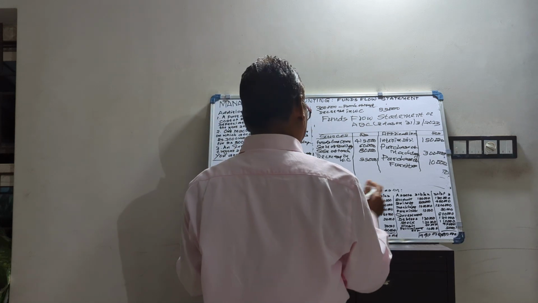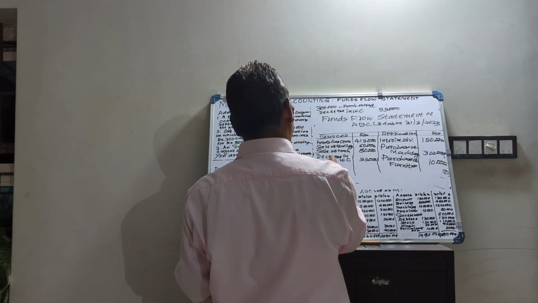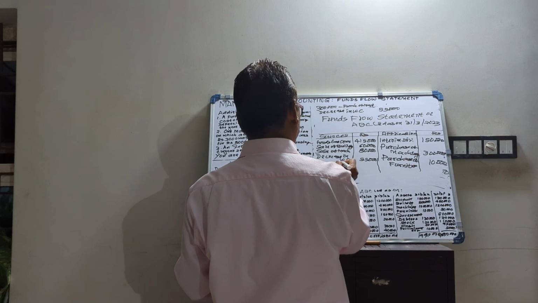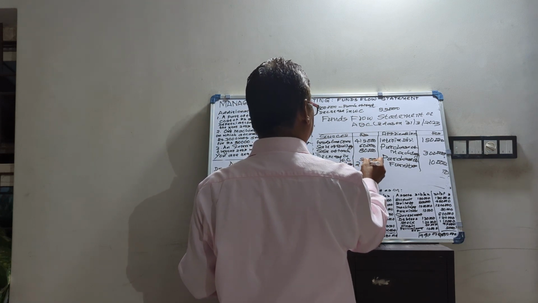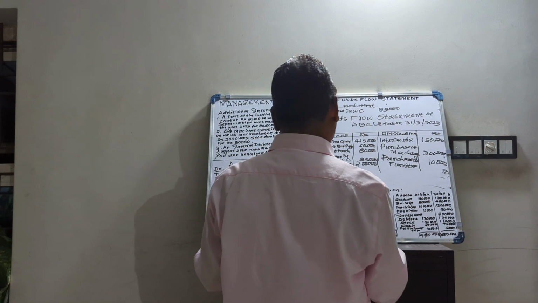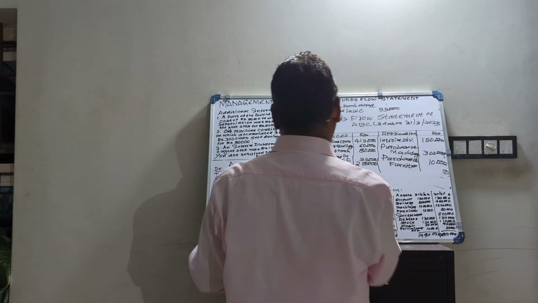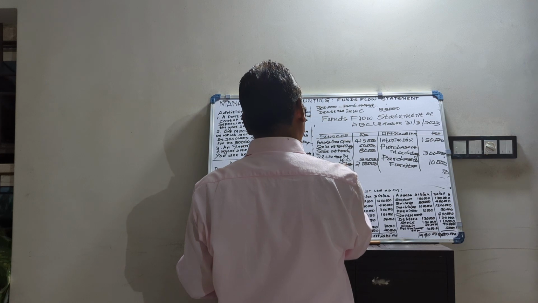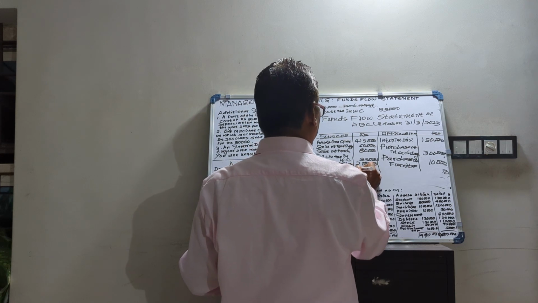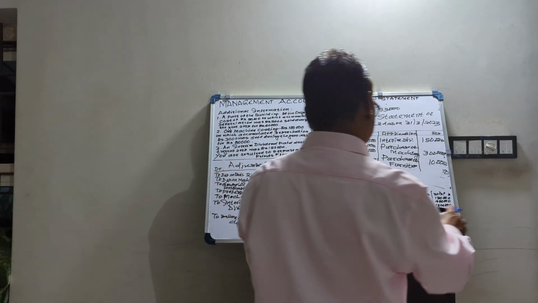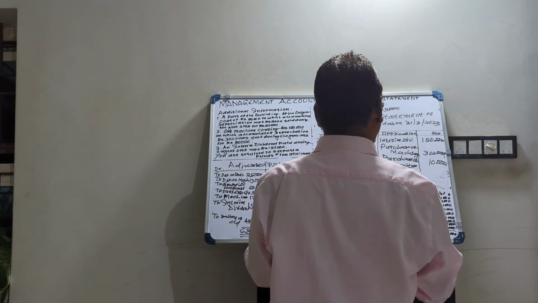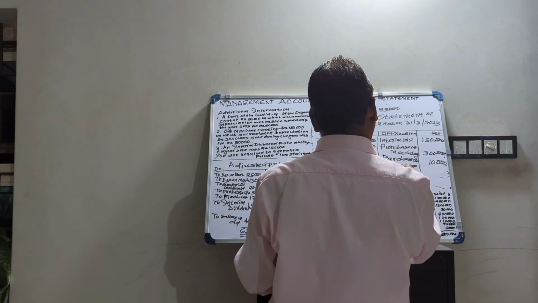It is raised, that is issue of shares, 2 lakhs. Then issue of debentures, 2,50,000. Here there is also an investment of 6 lakh. We write investment, that is an application of funds.